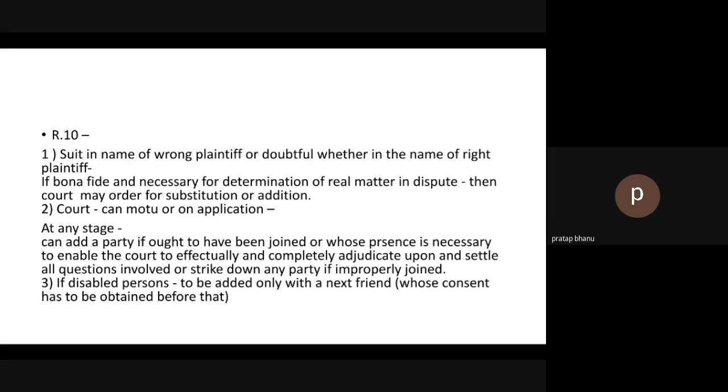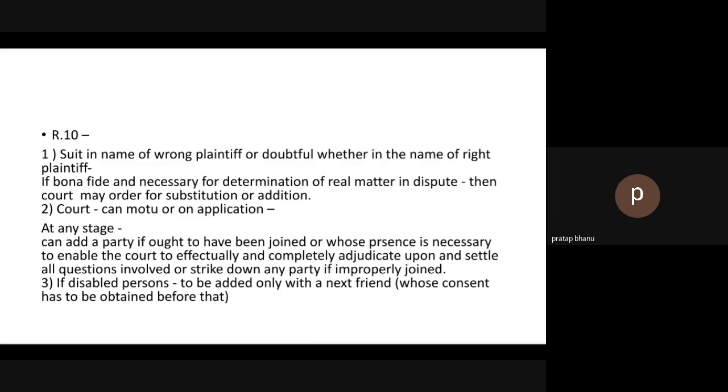Now, coming to Sub Rule 2 of Rule 10, it is nothing but a continuation again. It says that court can suo motu or on an application. Suo motu means from its own volition.